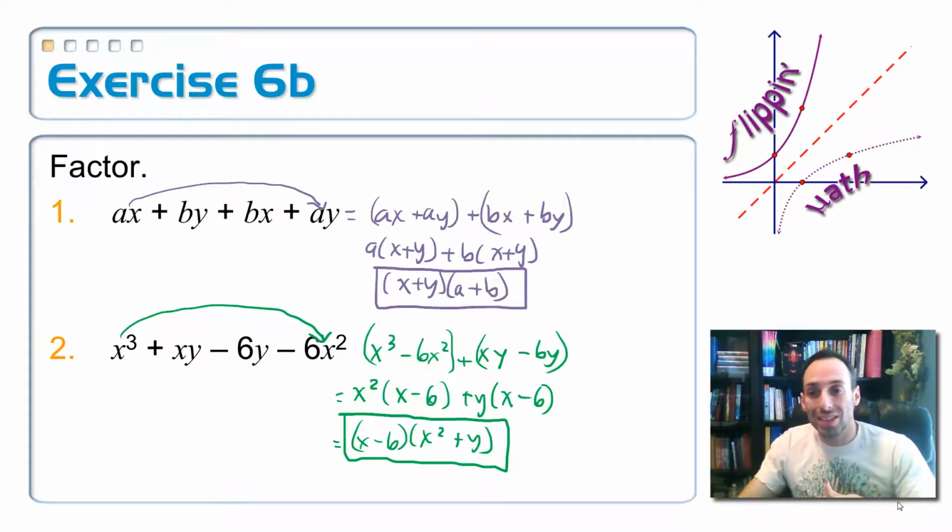Either put the A's together or put the X's together and Y's together. I chose to put the A's together, so AX plus AY plus BX plus BY. In the first set, A could be factored out, and in the second set, B could be factored out, and it worked because I was left with X plus Y. So the whole thing factors as X plus Y times A plus B.